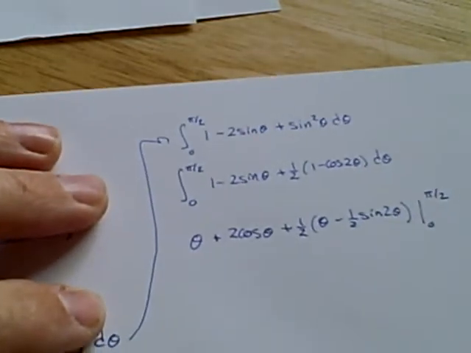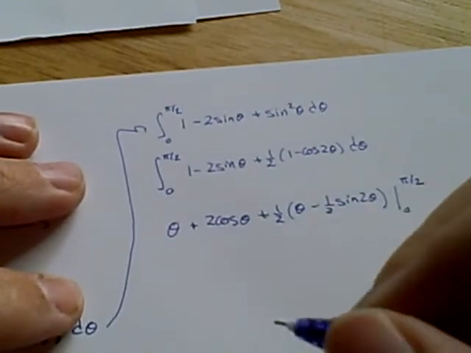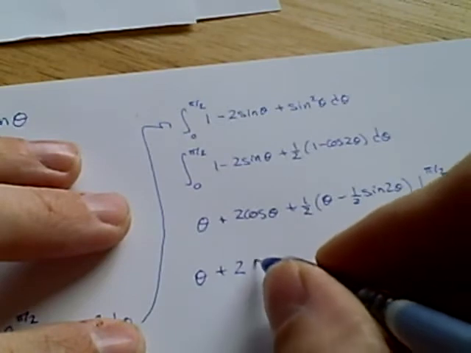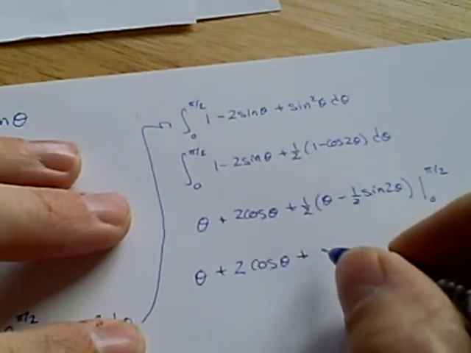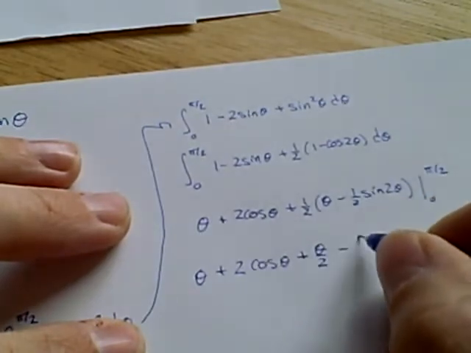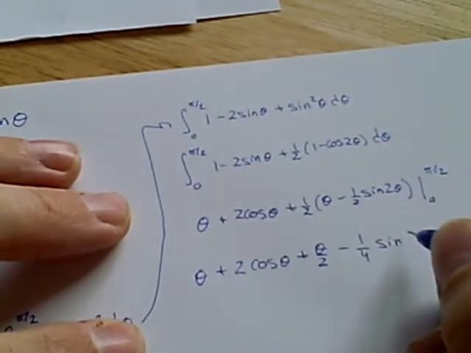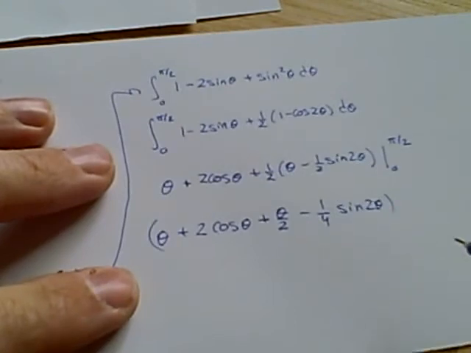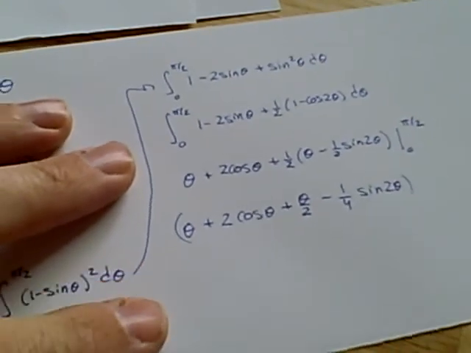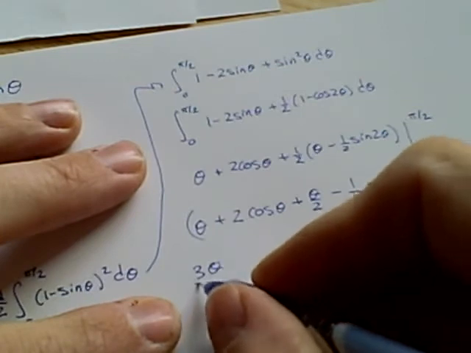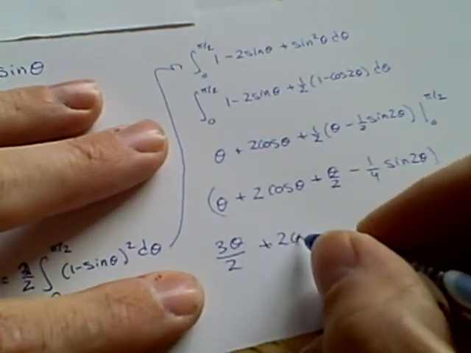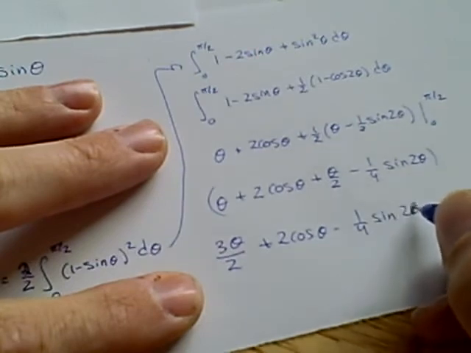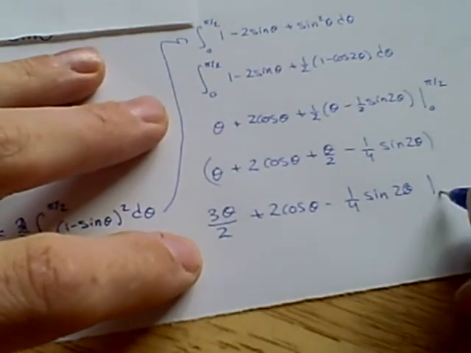Now there are a couple of things to notice here. Let's simplify first. So theta plus 2 cosine theta plus theta over 2 minus 1/4 sine 2 theta. This looks long and cumbersome, but it's not so bad actually because of the pi over 2. So we have 3 theta over 2 plus 2 cosine theta minus 1/4 sine 2 theta, from 0 to pi over 2.